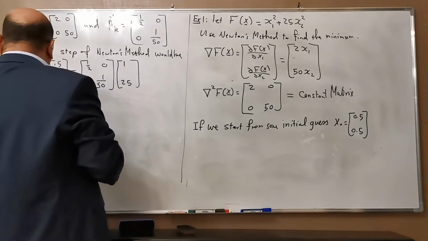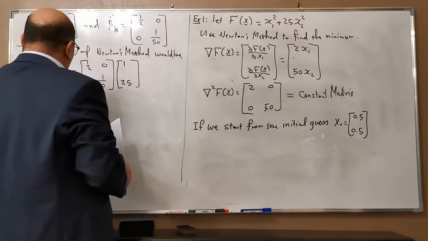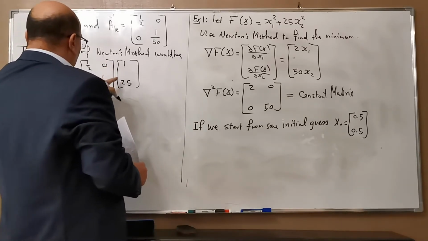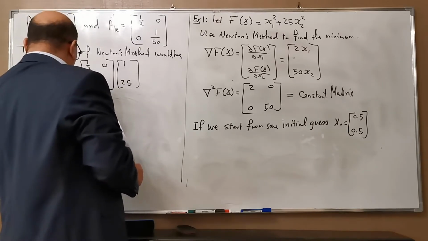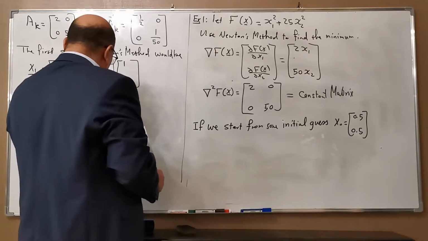So this equals 0.5 minus 1/2, so this is 0, and 25/50 is 0.5, so you will get a 0 and a 0.